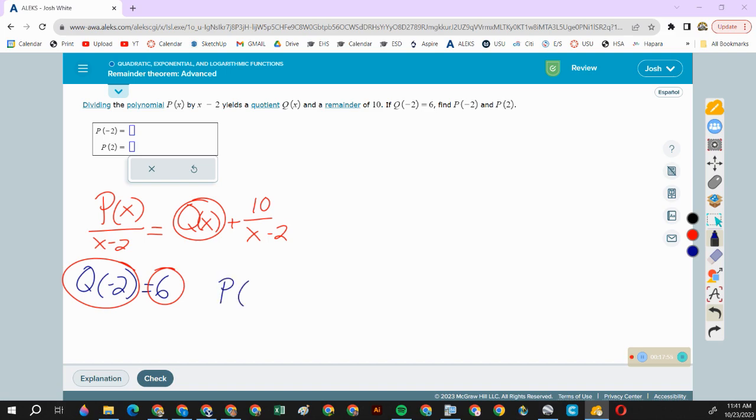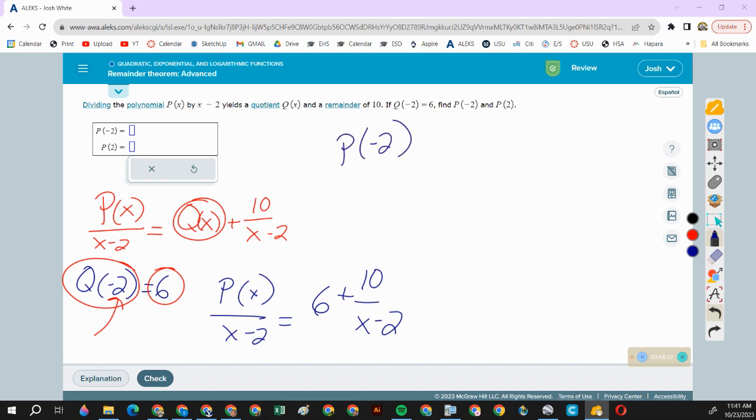So p of x over x minus 2 equals 6 plus 10 over x minus 2. But what is x in this case? It's -2. So p of -2 over -2 minus 2 equals 6 plus 10 over -2 minus 2. There we go.